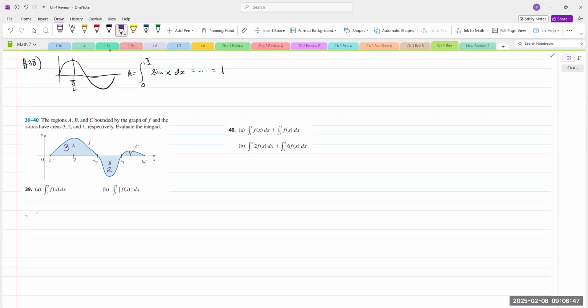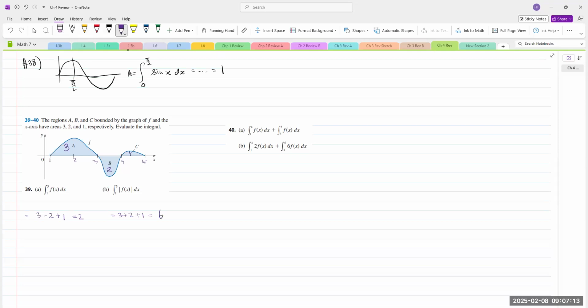That's 3 minus 2 plus 1, which is 2. How about 1 to 5 in absolute value? That will be 3 plus 2 plus 1. Yeah, because when it's absolute, you basically flip that upside down, right? So the area becomes positive, and then you add them. Okay? That equals 6.